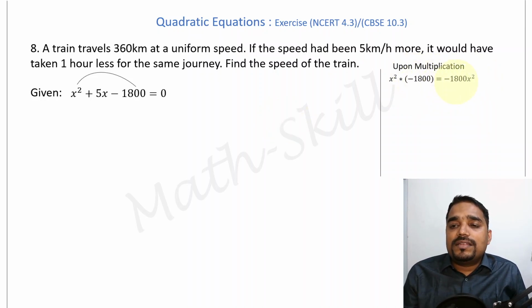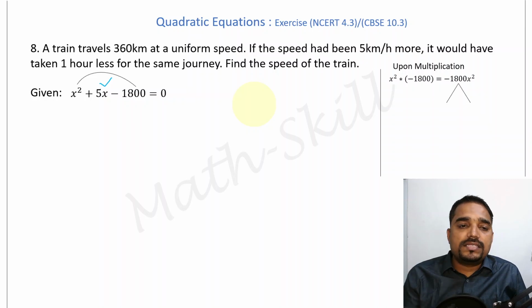X square multiplied by minus 1800 is minus 1800 x square. Also, the second condition to be satisfied is upon addition or subtraction, we will have to get the middle term, that is plus 5x.